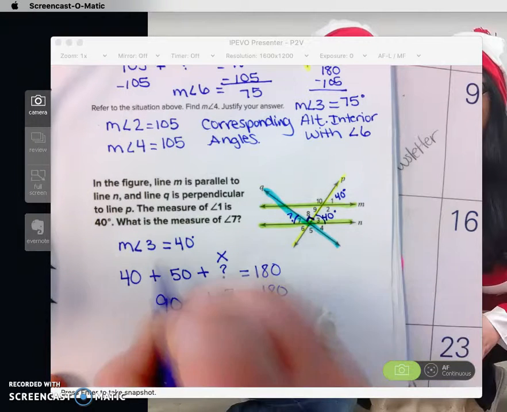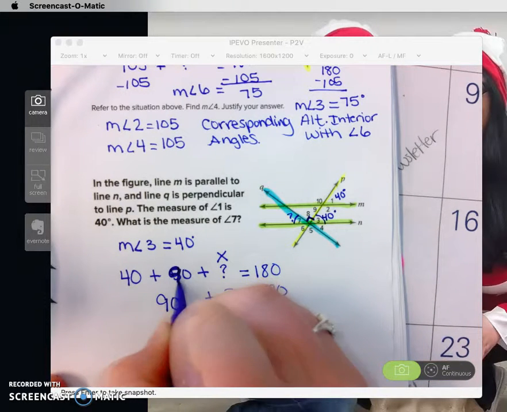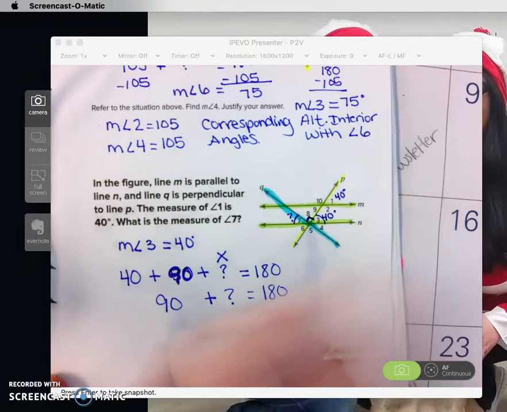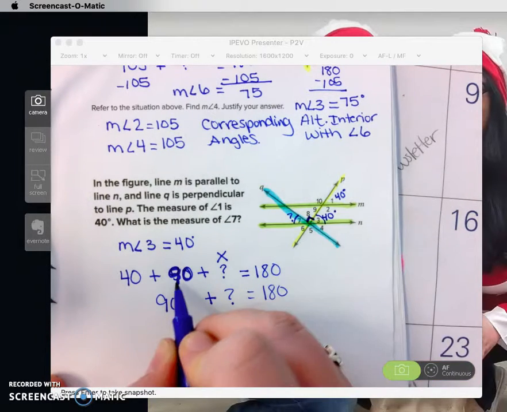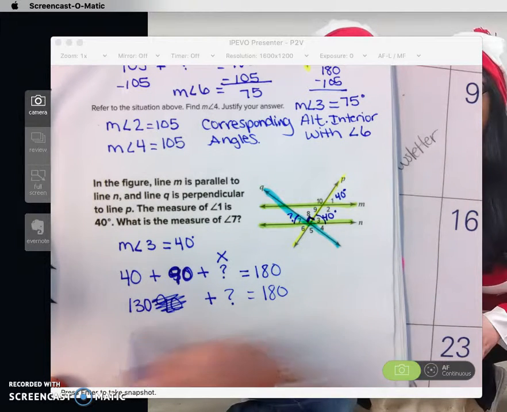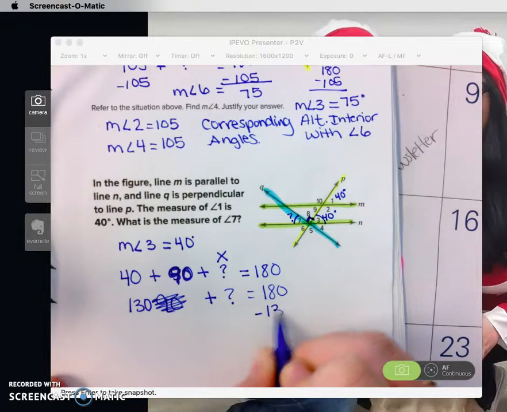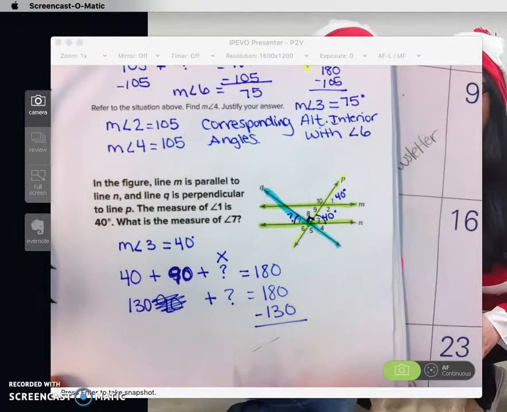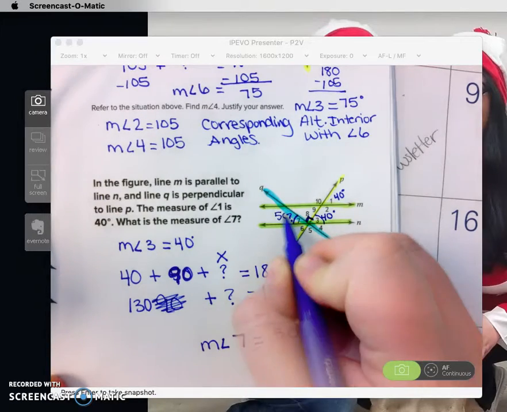Oh, why did I put 50? That's supposed to be 90, not 50. My box is equal to 90. So this is 130. Now I need to subtract that 130 from 180, and that gets me 50 degrees. So my unknown, or the measure of angle 7, is equal to 50 degrees. So this is 50.